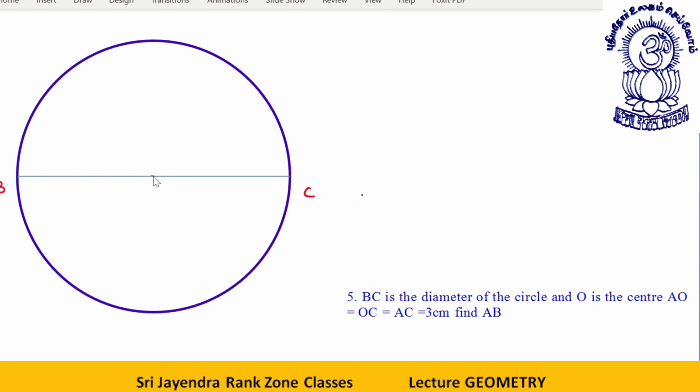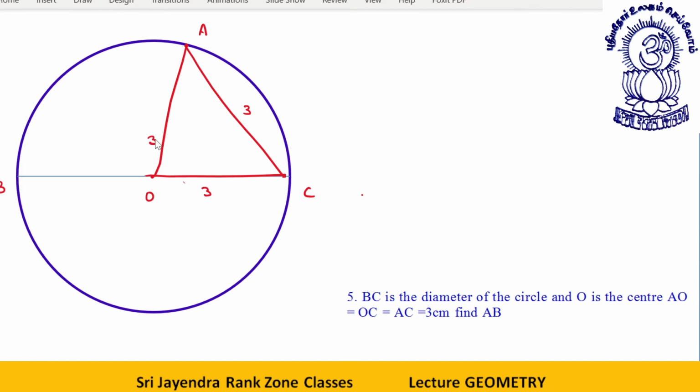AO, this is the center. Let's say this is a point A. AO is equal to OC is equal to AC, and all are 3. This is 3, this is 3, this is 3.